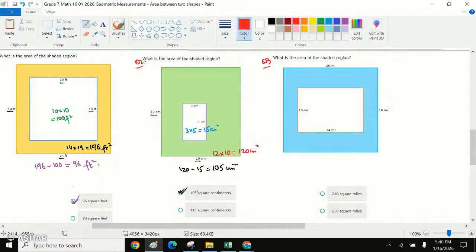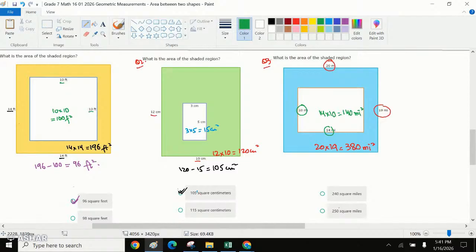So can we say the larger was 20 multiplied by 19, right? That is 380 miles squared. And what about the area of the smaller one? 14 multiplied by 10, that is 140 miles squared. So how can we find the area of the shaded?